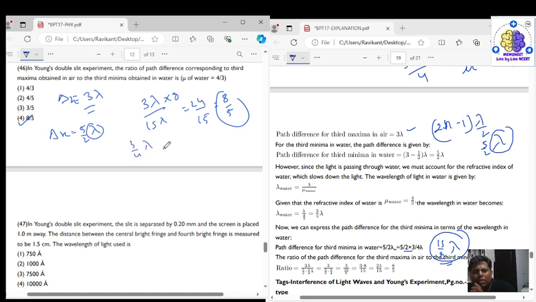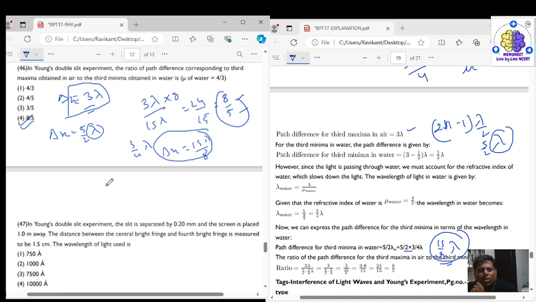So delta x in water for the third minima will become 15 lambda upon 8. So we have to find the ratio between this path difference and this path difference. Finding the ratio, we get the ratio as 8 by 5. So the correct answer for question number 46 is option 4.